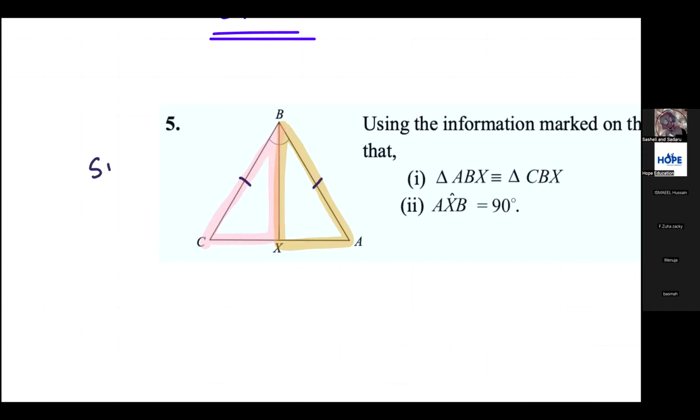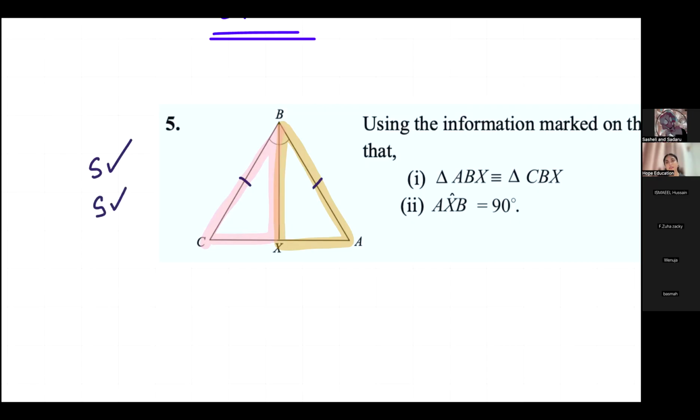What else do we have equal here? BX is equal to BX because it's common. Yes, very good. Both triangles have the same side, so it's the common side. That is another side pair.